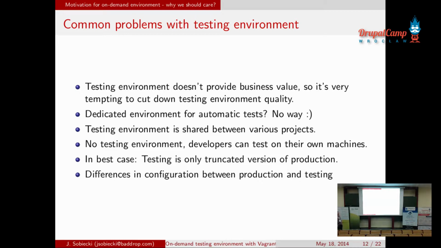Well, they were very common, and unfortunately it might lead to problems, because something which works on testing doesn't work well on production, and in reverse, you receive false problems on testing which never occur on production.